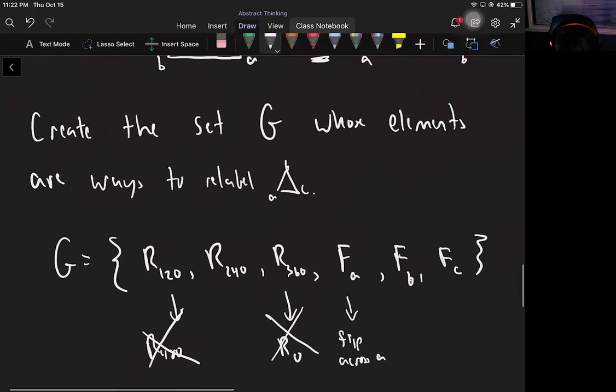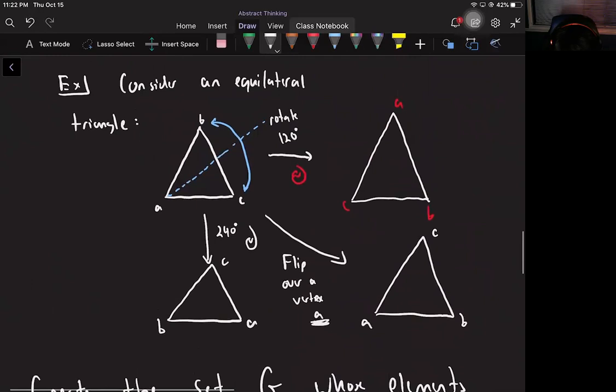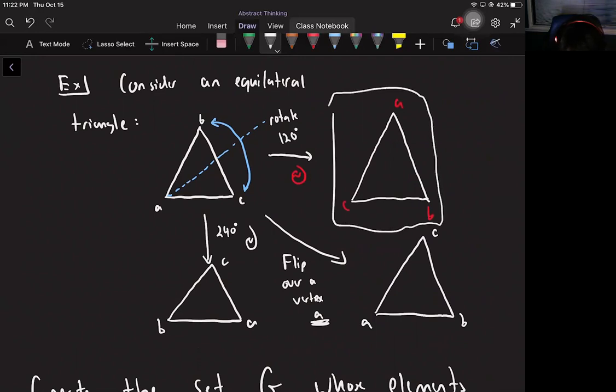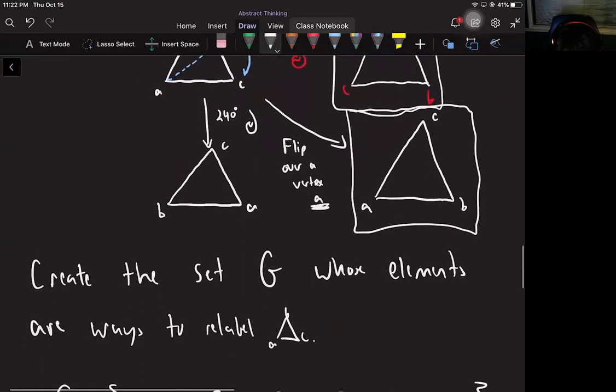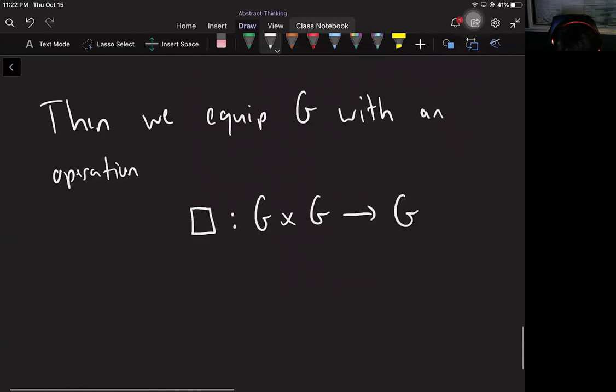Well, what I can do is notice that no matter which thing I do, I still get a triangle. So if I do 2 in a row, I'll still get a triangle, which means doing 2 in a row will be like doing 1 of some other move. And that's the idea.